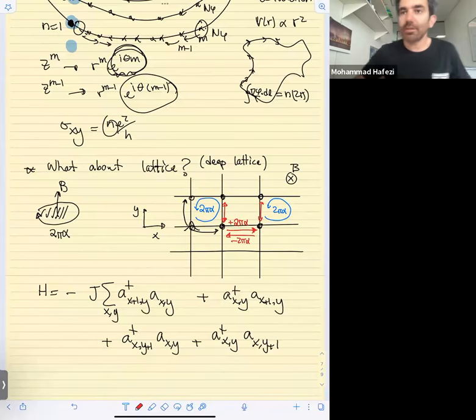First of all, when I put this 2 pi alpha, I have to put minus 2 pi alpha over here. Why? What property of the Hamiltonian makes me do that?